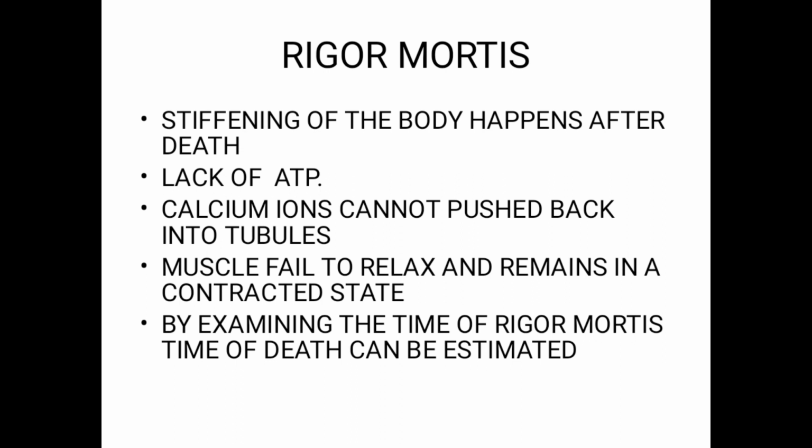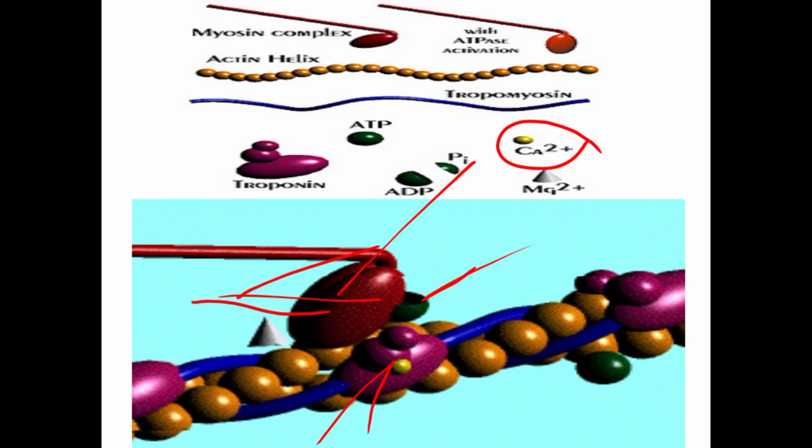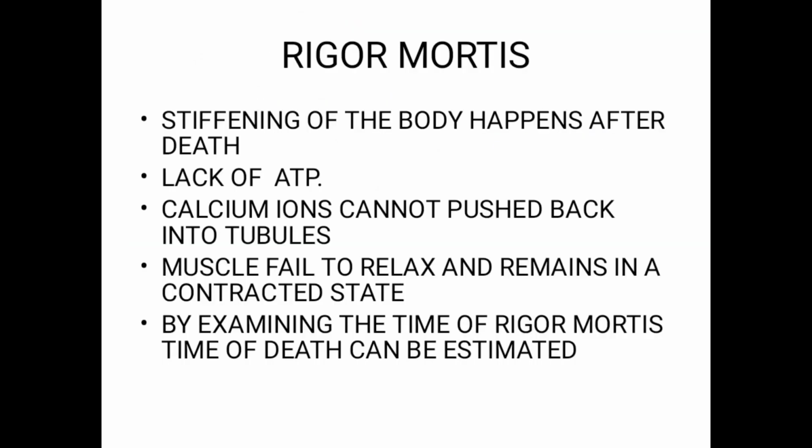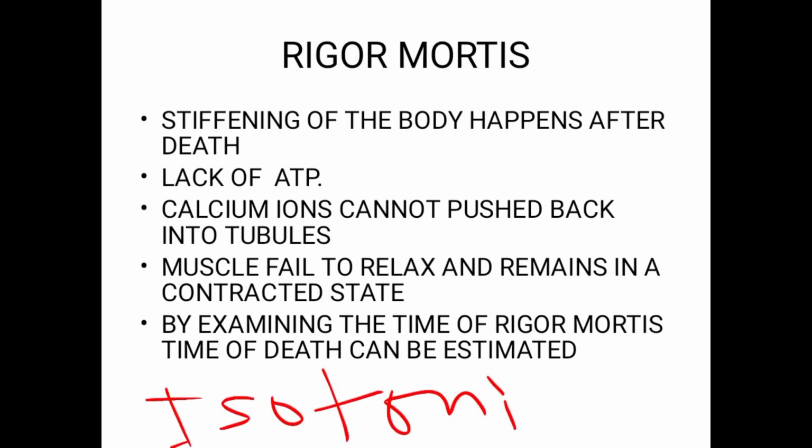Last one: there are two types of muscle contraction that can be seen. One is isotonic muscle contraction. Another one is isometric muscle contraction. During isotonic contraction, the tension in the muscle remains the same, but the length of the muscle decreases.